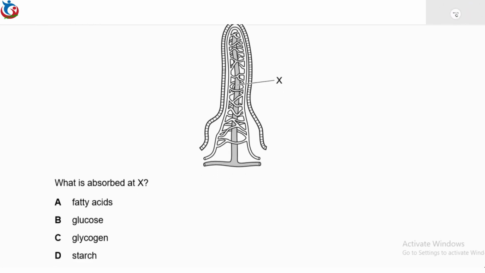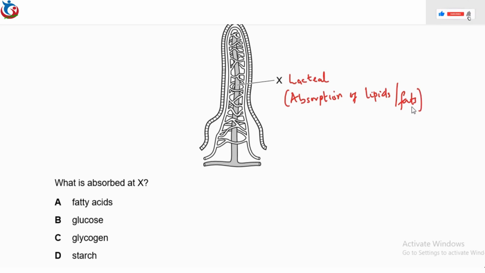So what is this part labeled X? In the villus, that vessel is called the lacteal. And what is the function of the lacteal? It is for the absorption of lipids or fats.